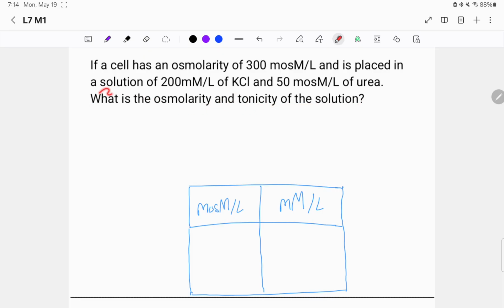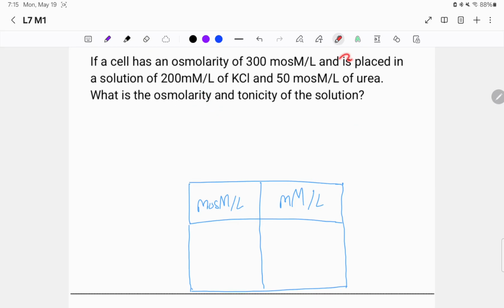In this kind of question, when you're asked to find the osmolarity and the tonicity, you usually have to both calculate it and then state whether the solution is isoosmolar, hypoosmolar, hyperosmolar, isotonic, hypotonic, or hypertonic, and for our purposes, also say what happens to the cell as well.